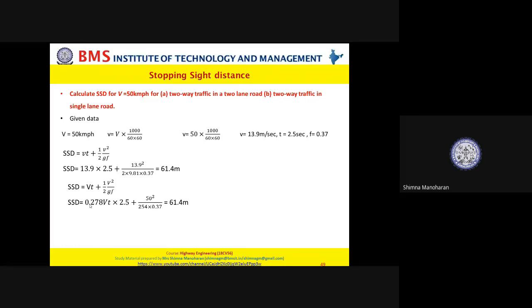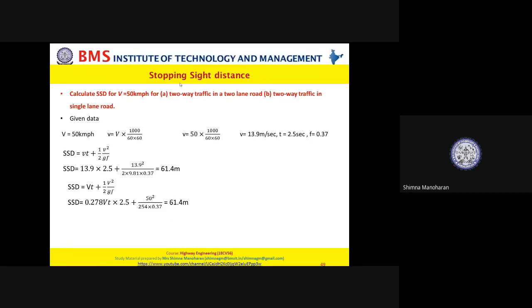How will you get 0.278? It is again 1000 by 60 into 60. Using the same conversion, you get 254, which is again multiplying by 2 and 9.81. So if you substitute by capital V also, you should get the same answer.